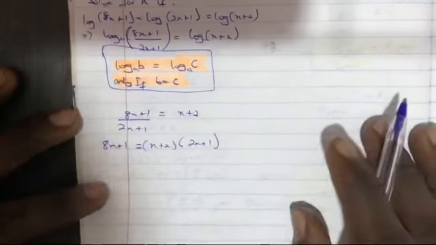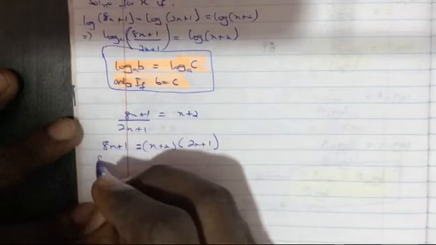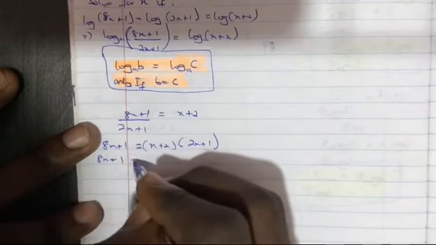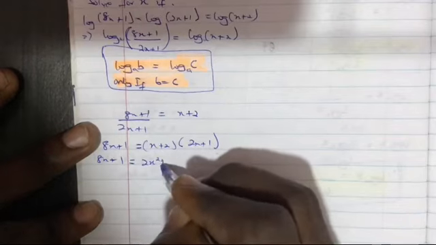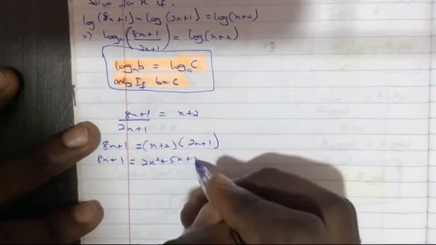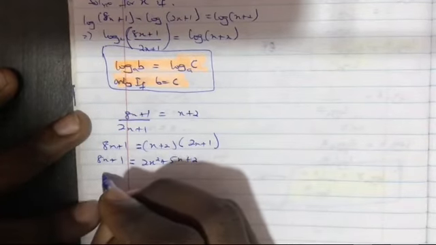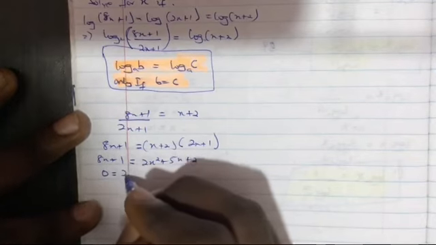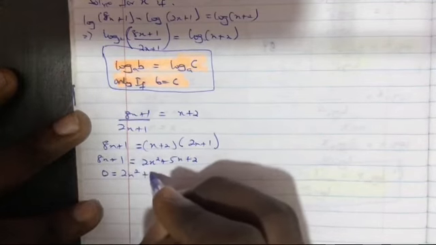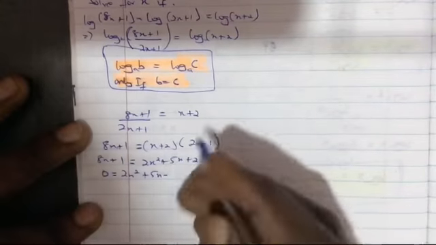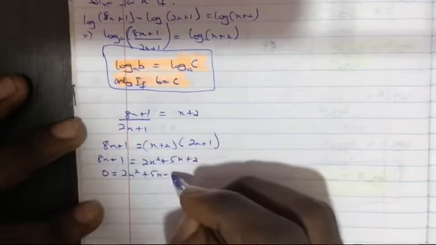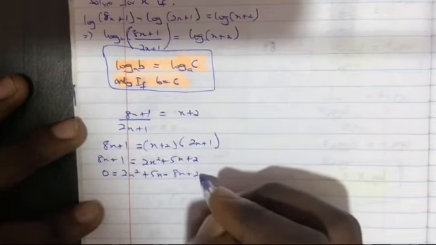Okay, so let's simplify very quickly. So 8x plus 1 will then be equal to 2x squared plus 5x plus 2. So 0 will then be equal to 2x squared plus 5x minus, I'm moving the terms on the left hand side to the right hand side, so minus 8x plus 2 minus 1.